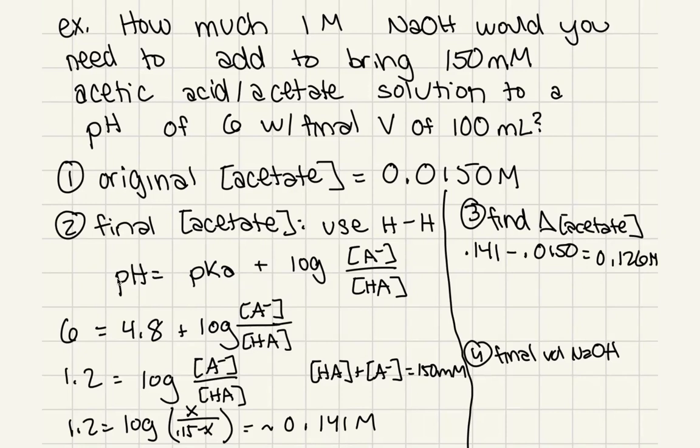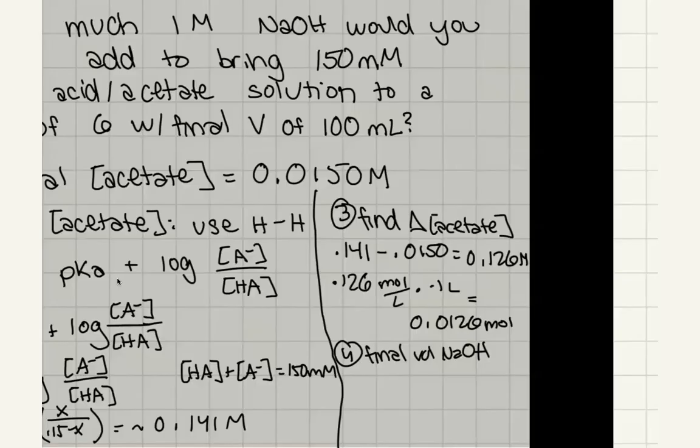And we need to figure out, okay, well, how many moles is that? Because we want the final volume of 100 milliliters, that's telling us that we have 0.126 moles per liter times 0.1 liter, which is going to be equal to 0.0126 moles. Okay, so let's think about what this is telling us.